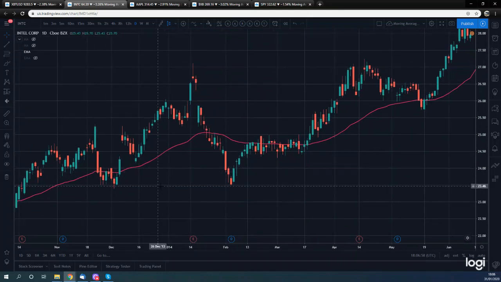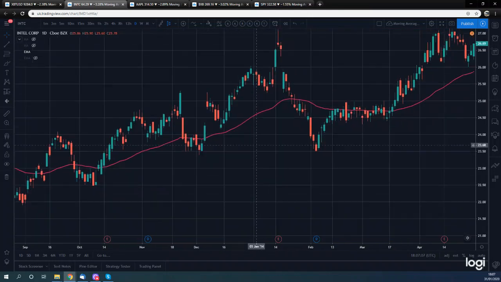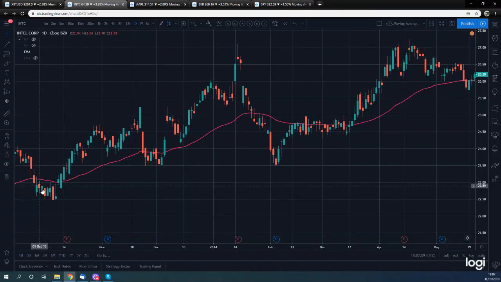So what happens is we are going up, being led up with a rising 50-day exponential moving average. We get some moves below, but they're picked up after a certain amount of time.